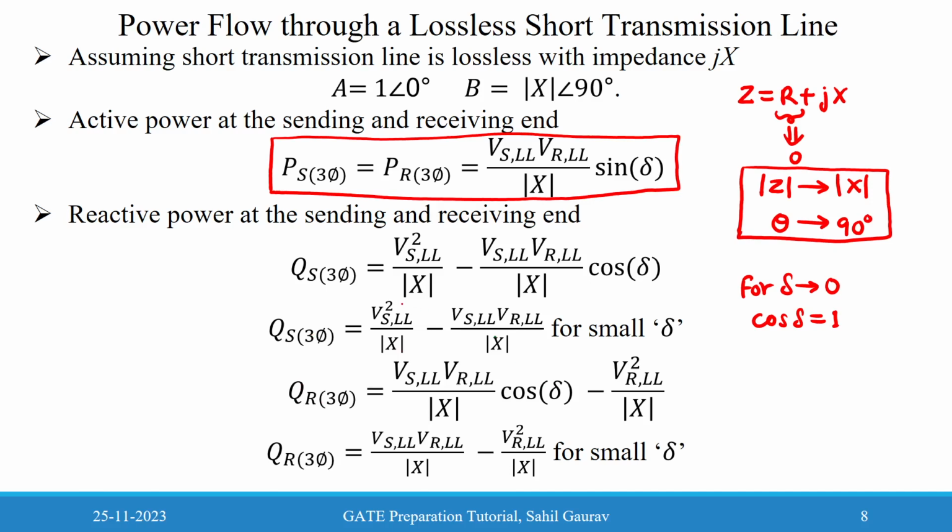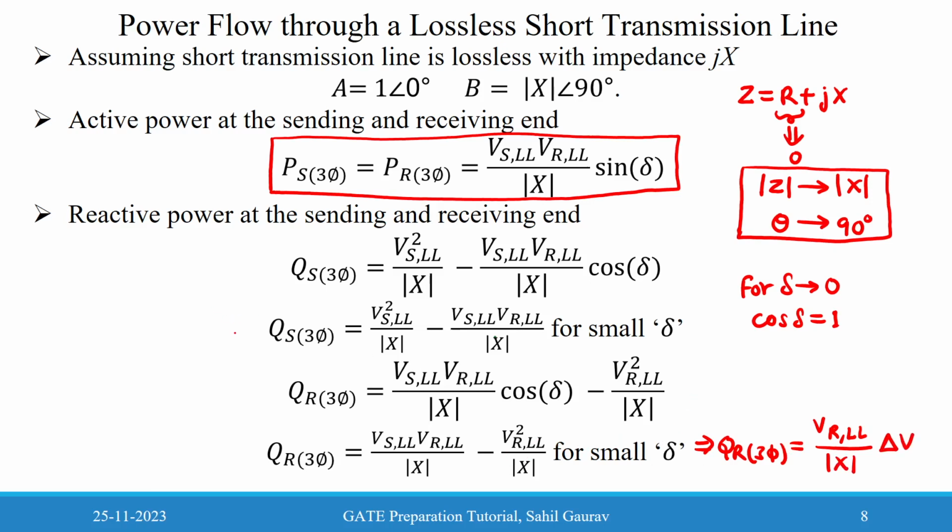You can find the analogy between both expressions. If you take VRLL divided by mod X as common, then VSLL minus VRLL, that you can write as delta V.